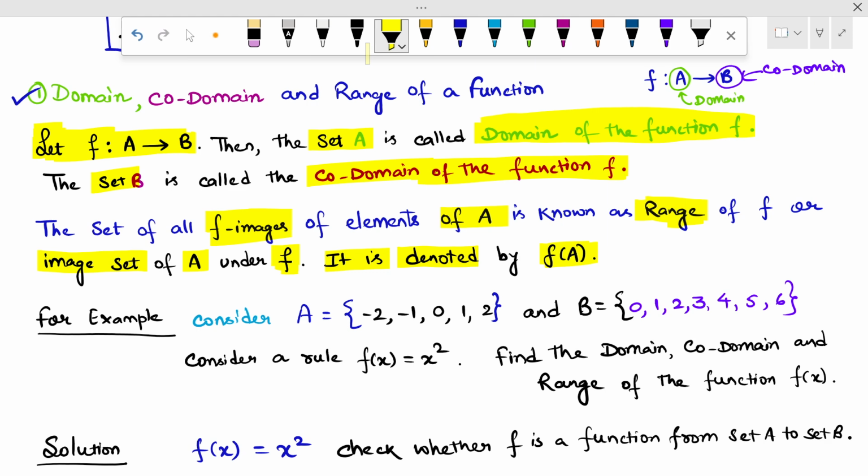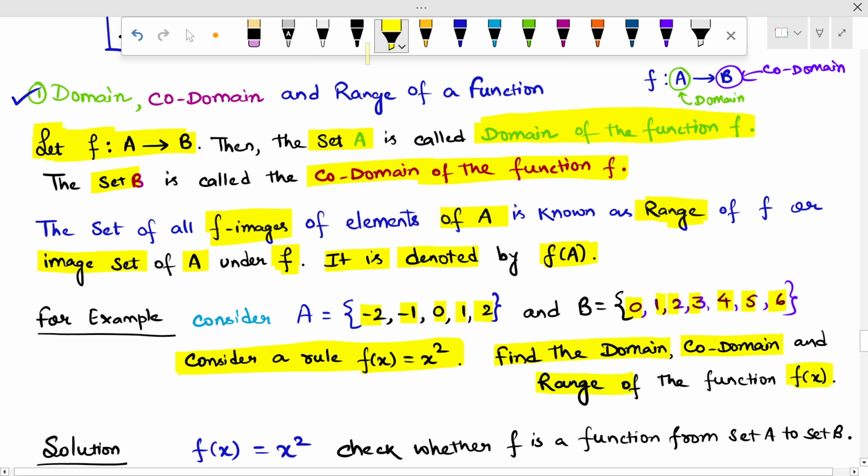So consider a set A which consists of -2, -1, 0, 1 and 2, and consider another set B: 0, 1, 2, 3, 4, 5 and 6, and consider a function f(x) = x². Function can be considered as a rule also. So we need to find the domain, codomain and the range of the function f(x).